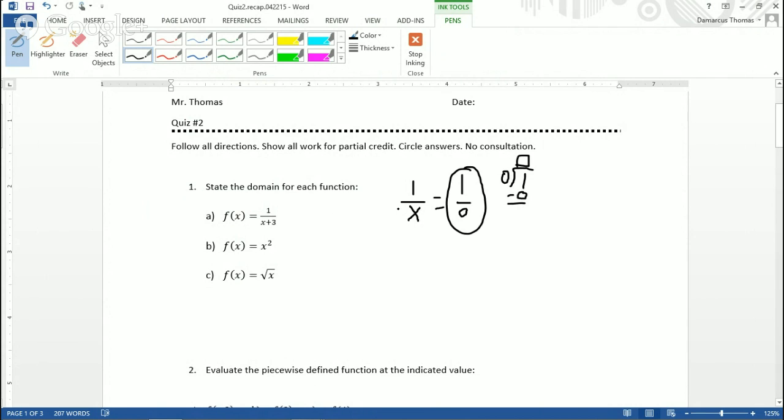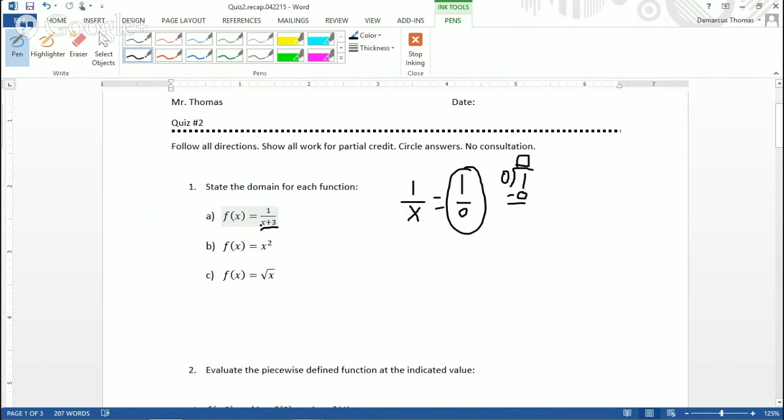And so for this function, x cannot be 0. We know what happens when x gets close to 0: the number gets very large. But when it's actually 0 itself, it's an undefined expression. If we eyeball this and look at the denominator, clearly x cannot be -3.